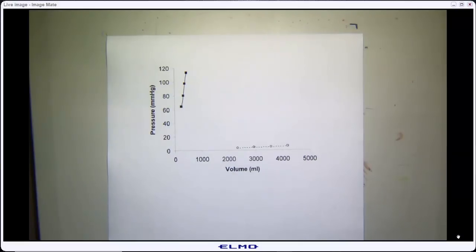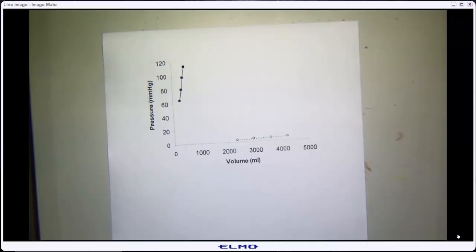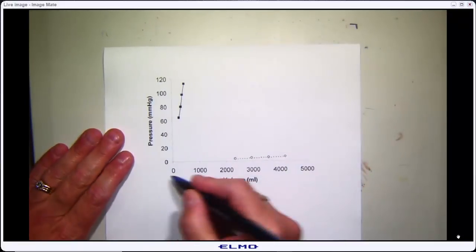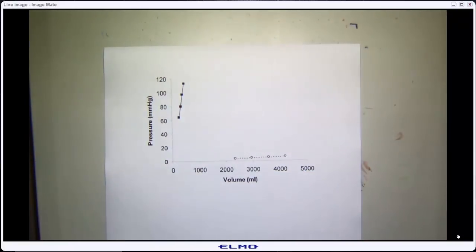Okay, so we're going to jump real quick, not to thinking about the anatomy or the structure here, but jump right into function. So, for example, if we look at a volume-pressure relationship, so if I change volume in a vessel, let's say I have a piece of the vessel, and I'm changing volume in it, and I'm measuring the pressure in it.